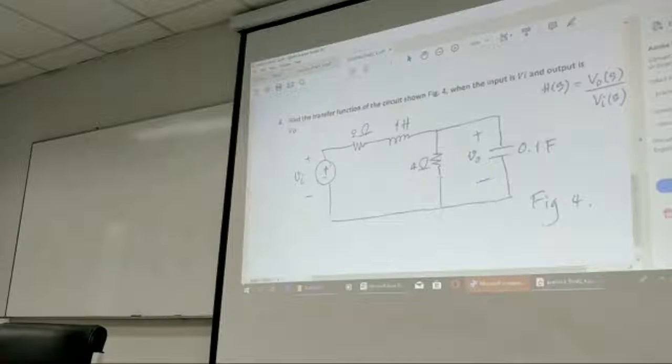Okay? And if we want to get V0(s) over VI(s), we just move the coefficient here.